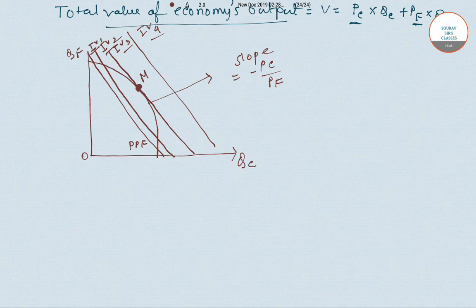Now on this iso-value line, the value of output is constant.